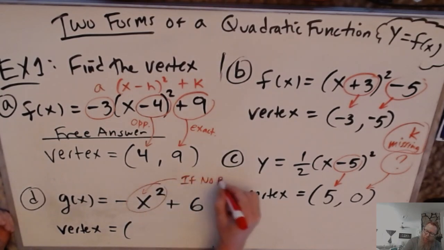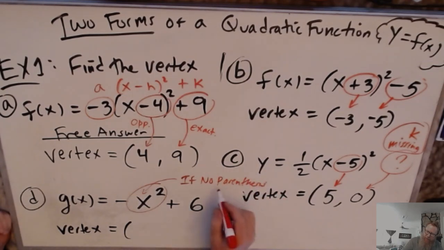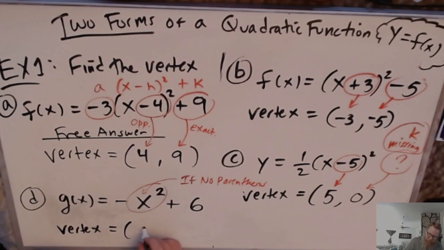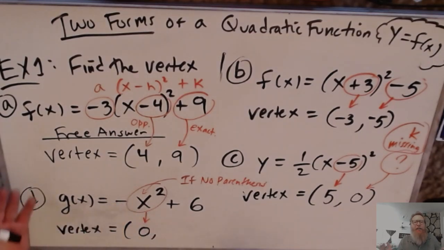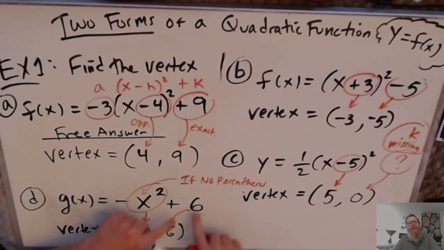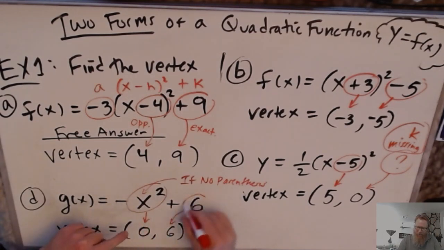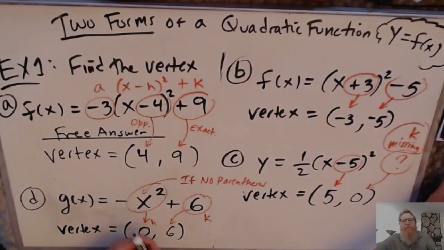If there's no parentheses around the x, then that means it's 0. You can think of this as x minus 0. That's another way of saying just x. And then 6. Notice the 6 is outside, so the 6 is the k, and the 0 is the h. So you've got your h and your k. (0, 6).